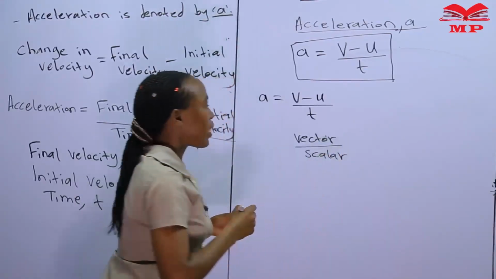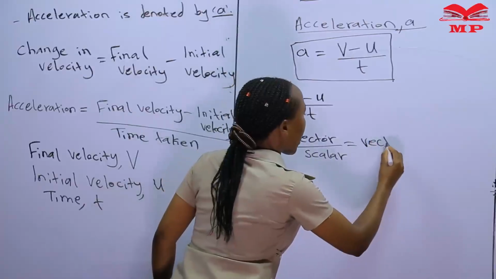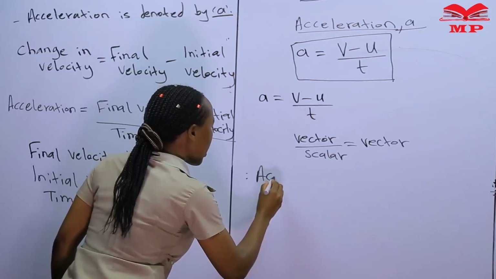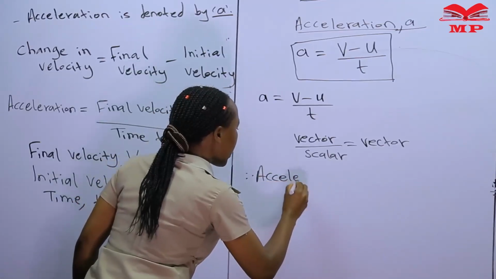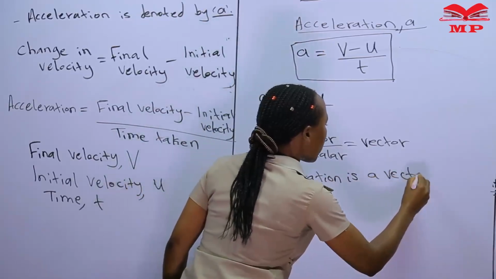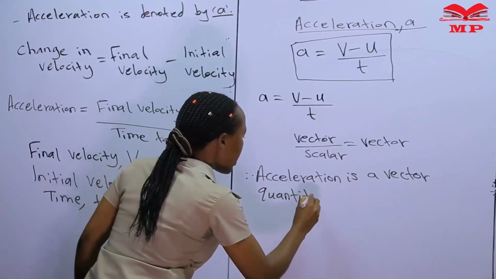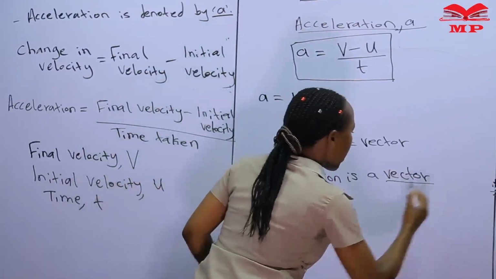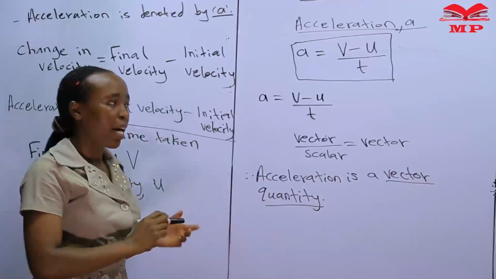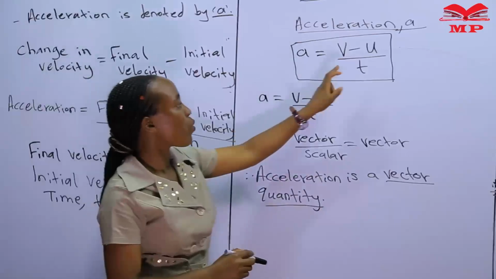A vector quantity divided by a scalar quantity also gives a vector quantity. And therefore acceleration is a vector quantity, meaning that it shows both direction and magnitude. So that's acceleration, change in velocity per unit time.